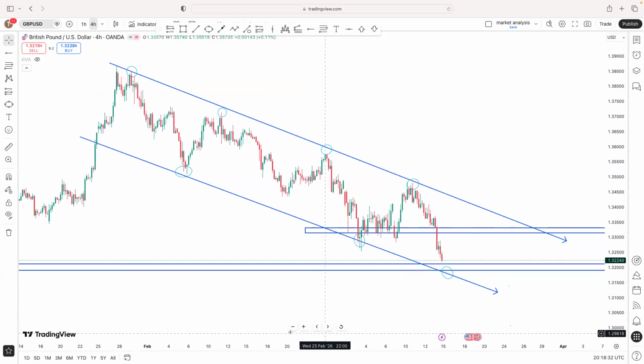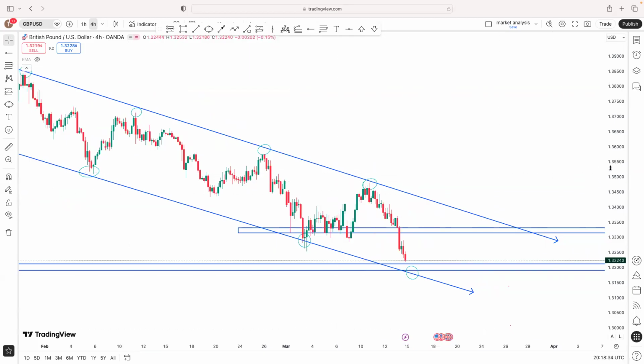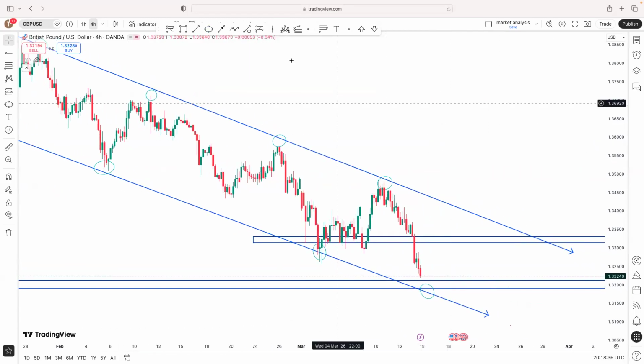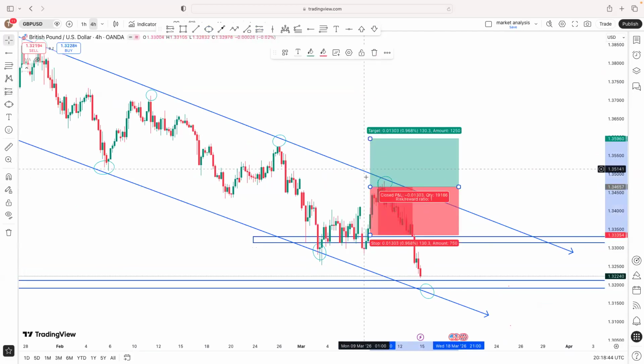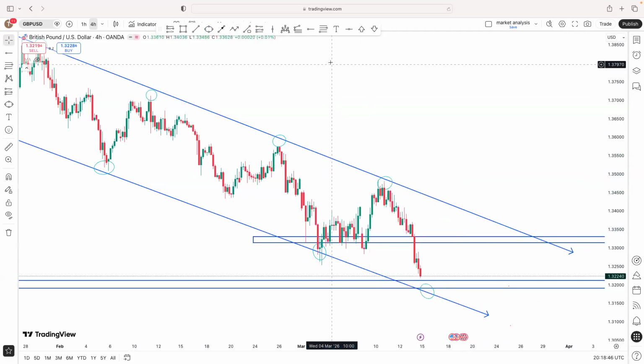Right? Now, I'm going to try and apply the fib retracement as well. So if the market is going to pull back into this particular area, which is our next low point, let's take it from where the impulsive move started from here.